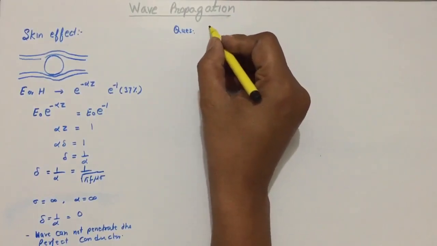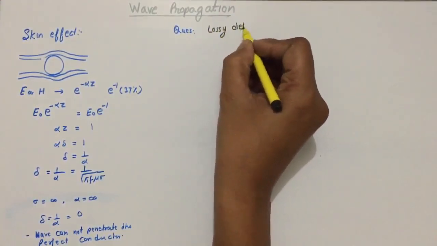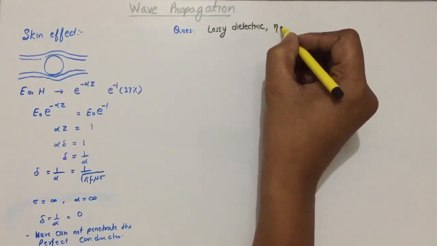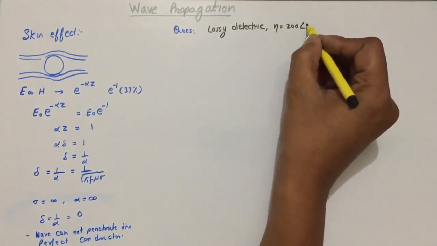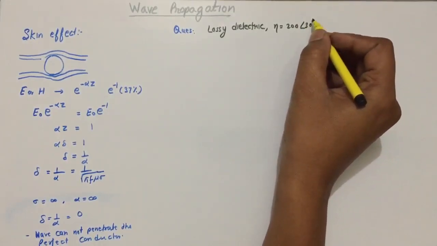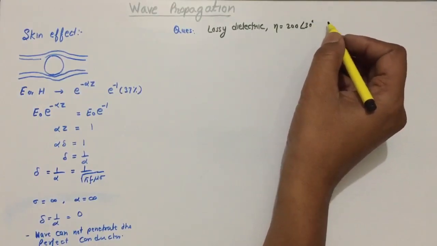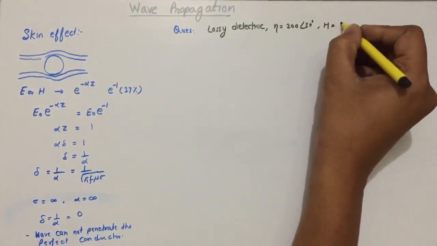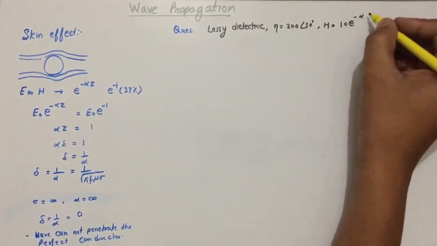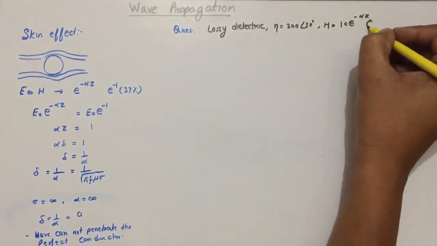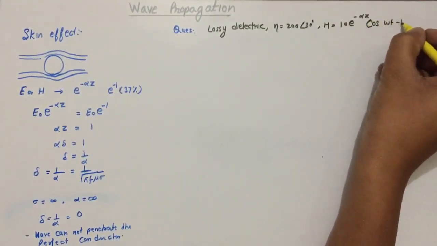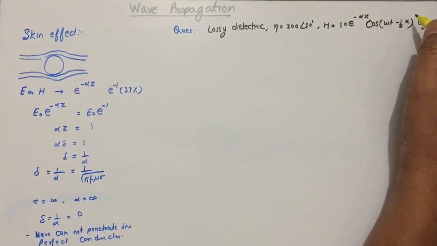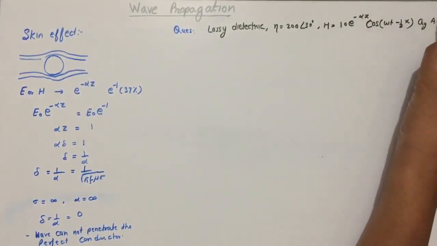The medium is a lossy dielectric, and for that the intrinsic impedance is 200 with theta n equal to 30 degrees, and at a particular frequency it is propagating, and the magnetic field component of the plane wave is 10 e to the power minus alpha x cos(omega t minus half x) in the direction of a y, ampere per meter.